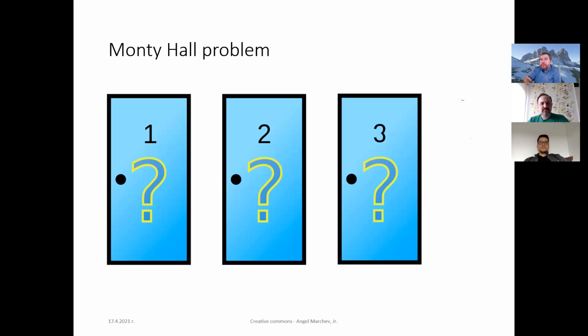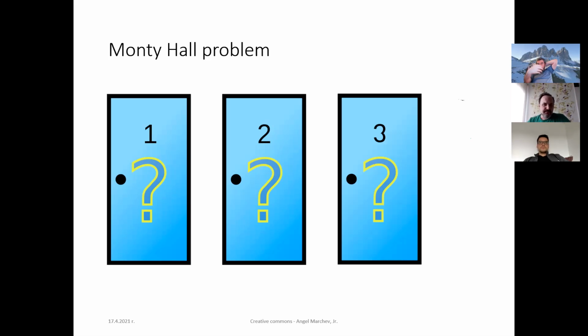And the question is: you as a participant pick your own door.